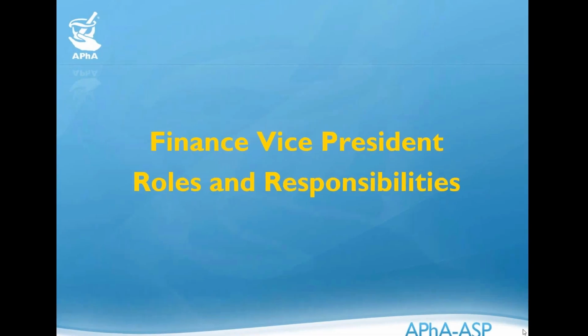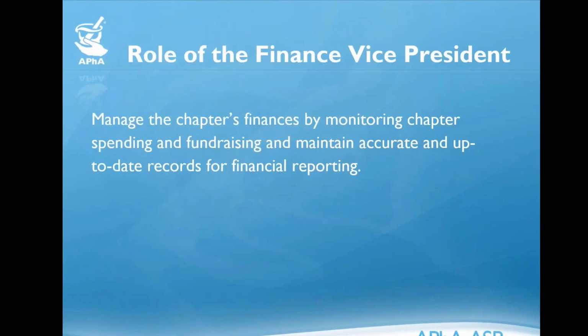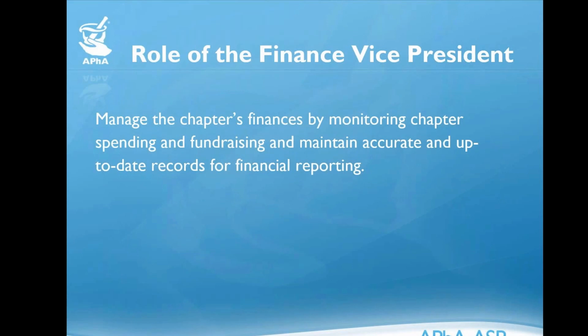First off, your roles and responsibilities for the Finance Vice President position. This is a very important position because it touches every aspect of your chapter's operation. You are the person who is managing your chapter's finances, and you're doing so by monitoring spending and fundraising and bringing the money into your chapter while maintaining accurate and up-to-date records for financial reporting.